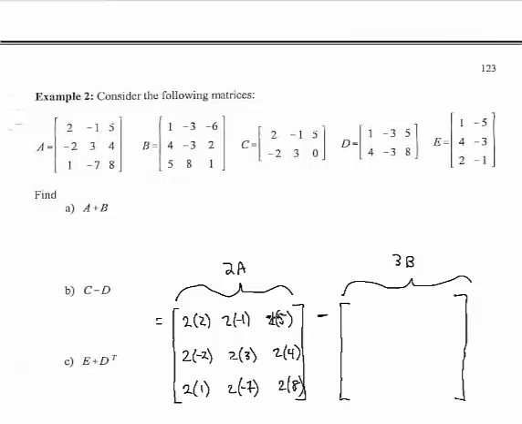Here's my subtraction symbol between the two matrices. Same case for b, except we multiply by 3. So 3 times 1, 3 times negative 3, 3 times negative 6, 4, negative 3, 2, 4 times 5, or where did that 4 come from?